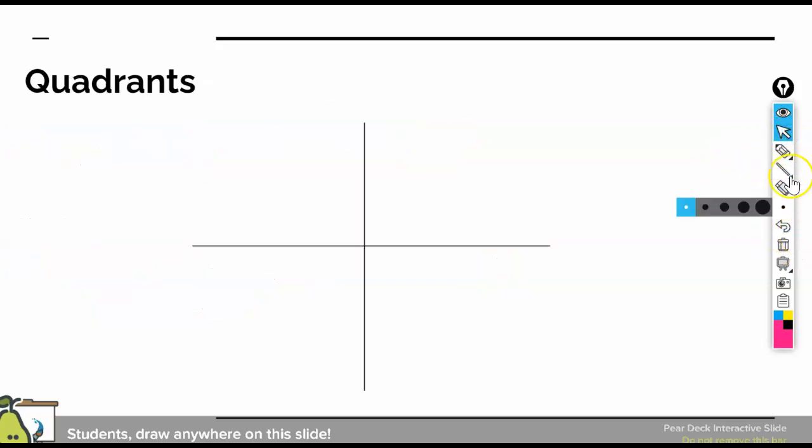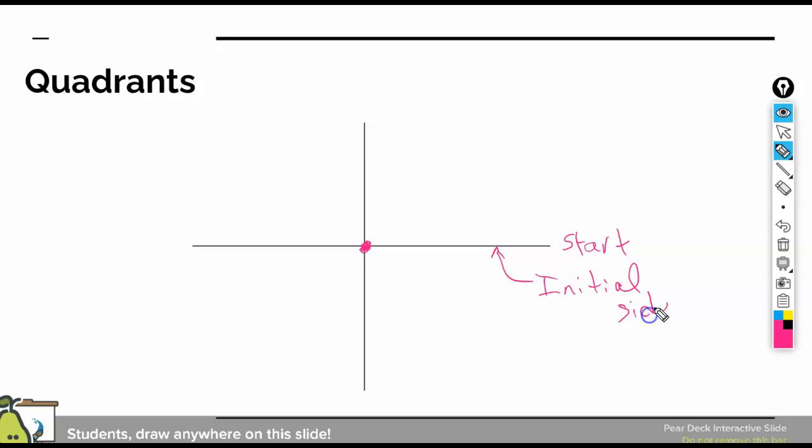All right, so quadrants, things to remember from Math 3. On the coordinate plane, we measure angles starting from the positive x-axis. We say that the center is at the origin, and this is going to be the initial side of the angle. So there's some vocabulary to go back and remember.